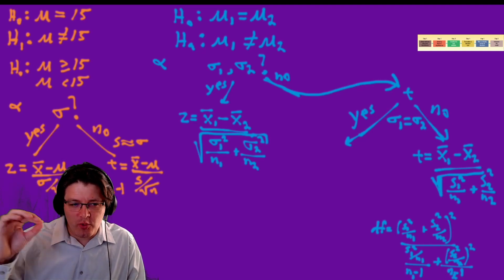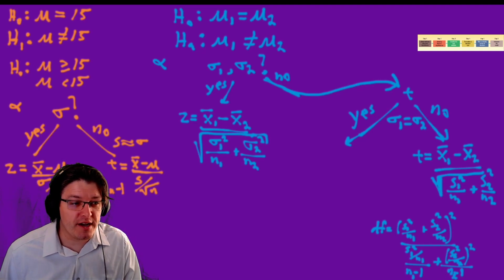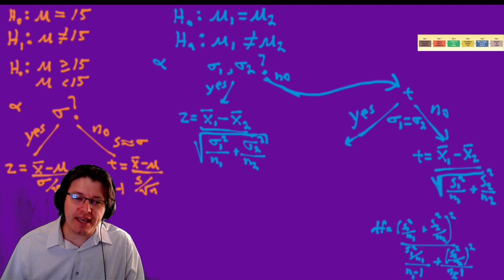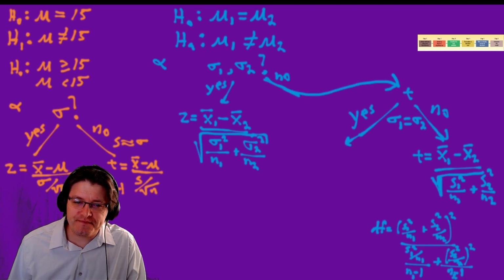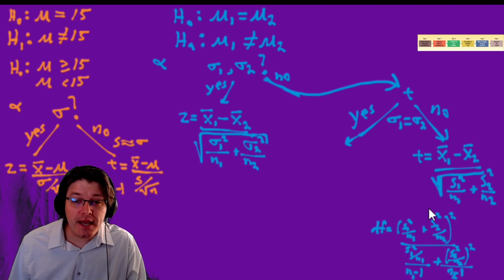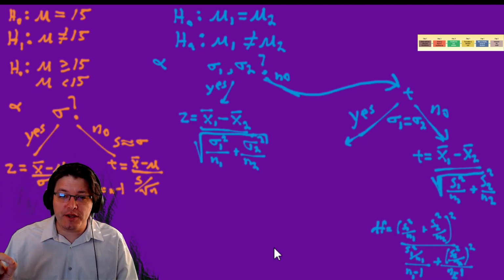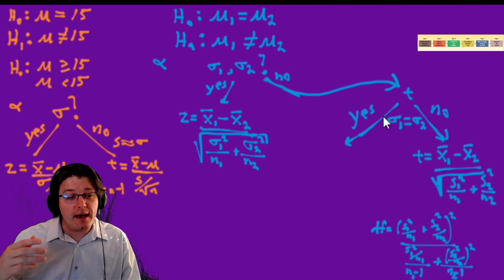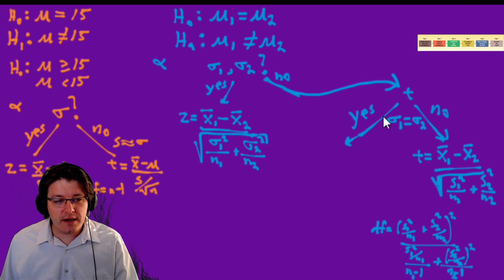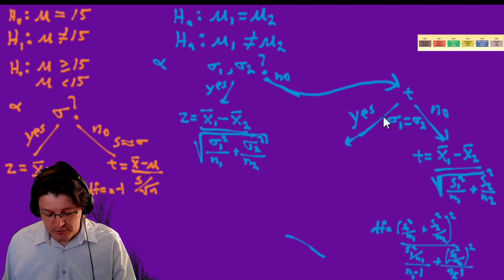So as far as your process for working on homework and whatnot, if you get the easy t distribution, if you're over here with the easy, nice, clean t distribution, that means you have to do a difficult degrees of freedom. The flip side is, if we jump back up here and say, yeah, we think they're from the same underlying population standard deviation, you get a really nice, clean degrees of freedom.